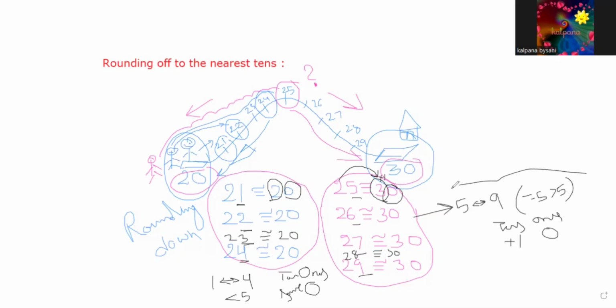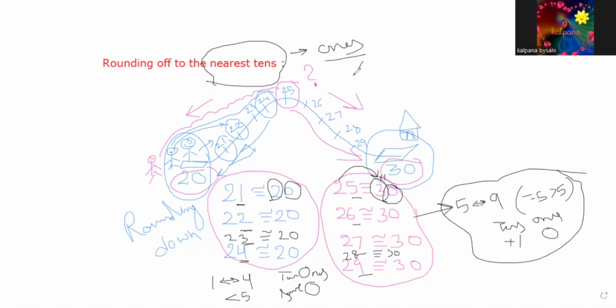If you remember this logic, you can apply the same logic for any type of number to find its nearest 10. So when you are finding the nearest 10, you have to check the ones place.